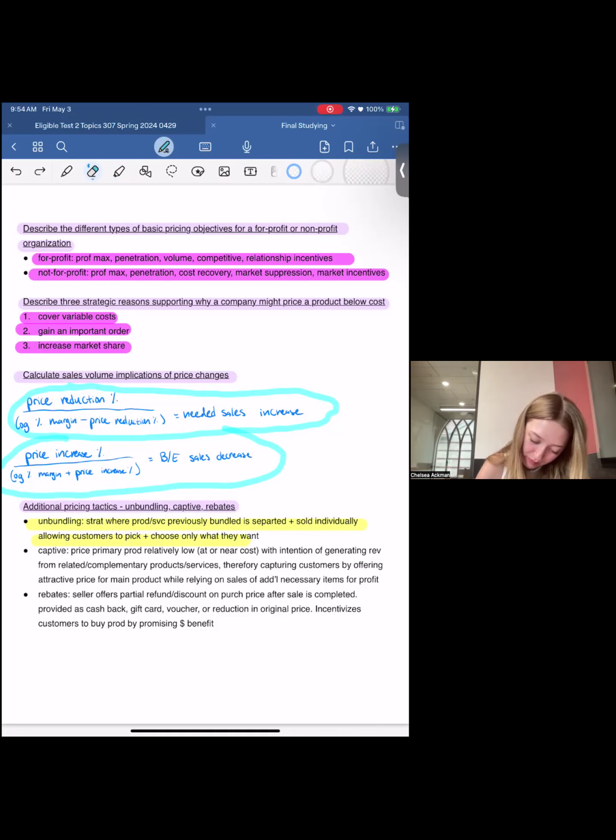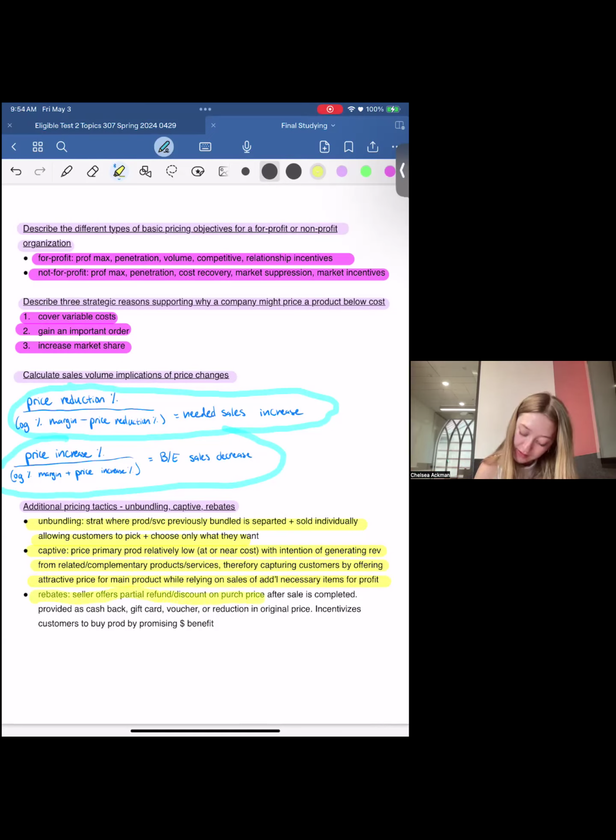Captive pricing, which is you price the primary product relatively low, at or near cost, with the intention of generating revenue from related or complementary products or services, therefore capturing customers by offering an attractive price for the main product while relying on sales of additional necessary items for profit.